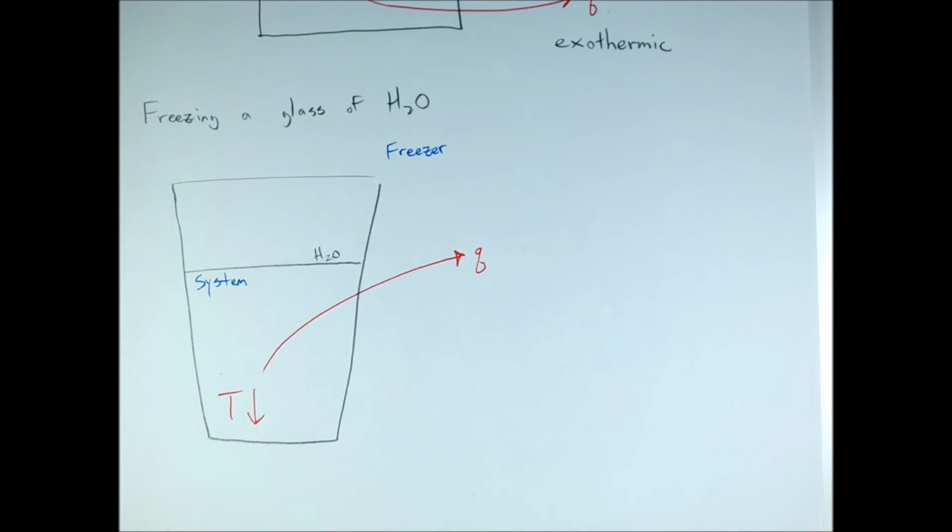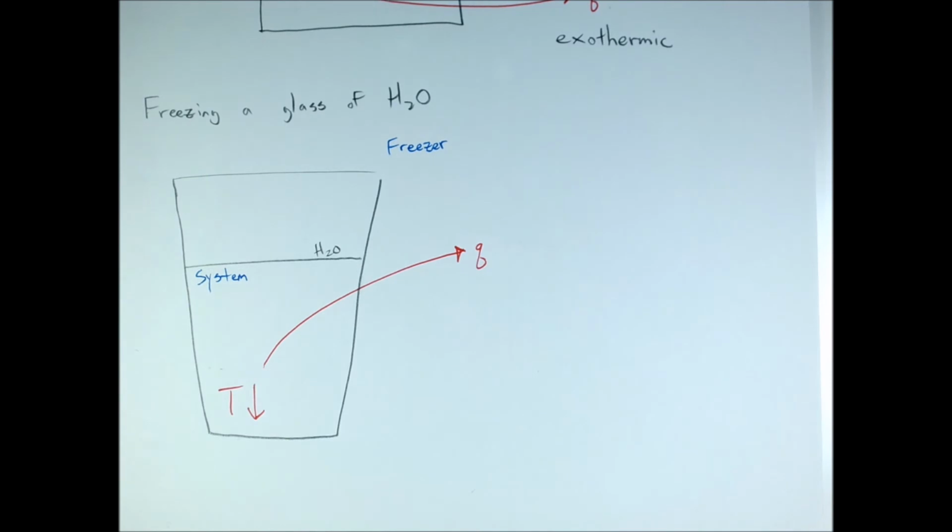Over time, the temperature in your freezer may go up. That's why we have the systems in place there to pull the heat out of your freezer. All right. So when doing these kinds of problems, make sure that you are clearly identifying what is your system. So the next problem I'm going to do is a little ambiguous in this regard. So you've got to make sure that you're clear in identifying your system.